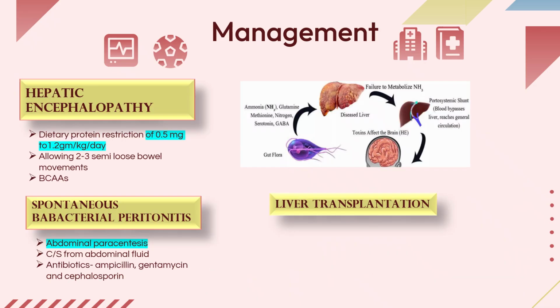Now we want to manage hepatic encephalopathy. When we want to manage hepatic encephalopathy, we give a dietary protein restriction of 0.5 gram to 1.2 gram per kg per day, and allow 2 to 3 semi-loose bowel movements with the help of laxatives.